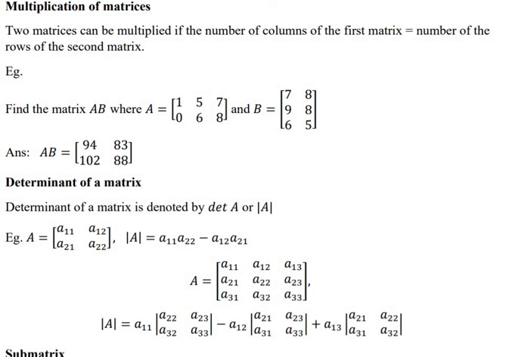Now, if we are considering a 3 by 3 matrix A, the determinant det A is equal to A11, which is in the first position of the matrix, into the determinant of the submatrix obtained by deleting the row and column containing the element A11, minus A12 into the determinant of the submatrix obtained by deleting the row and column containing A12, plus A13 into the determinant of the submatrix obtained by deleting the row and column containing A13.